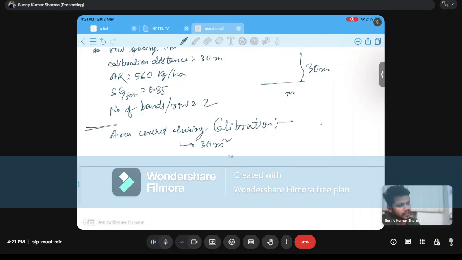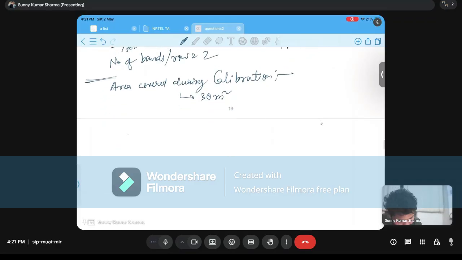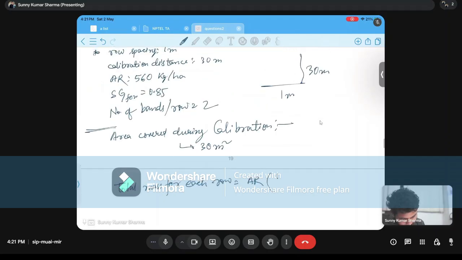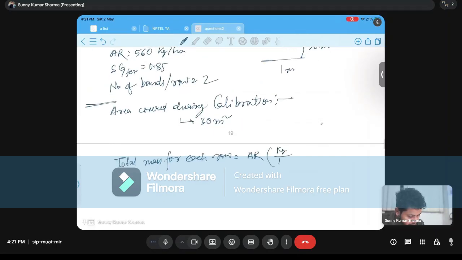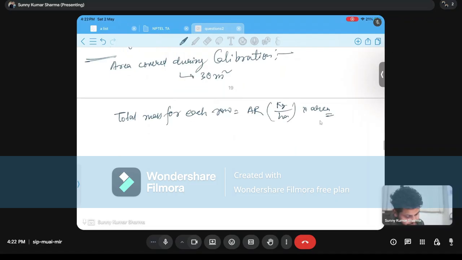Okay. Then we will calculate the total mass for each row. Total mass for each row will become application rate into calibration area. Application rate is given in kg per hectare, into the area covered during calibration. So this will become the total mass in each row.